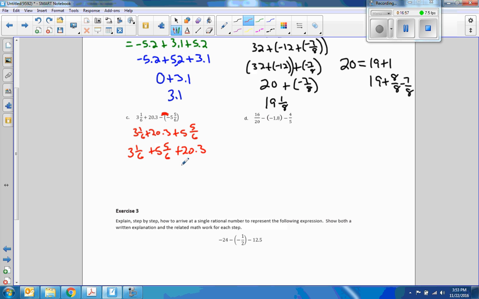Okay, commutative property of addition. 3 plus 5 is 8. 1/6 plus 5/6 is 6/6 plus 20.3. 8 and 6/6 is 9 plus 20.3. The answer is 29.3.